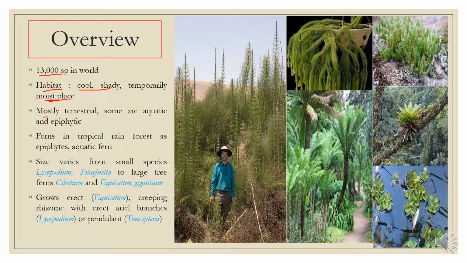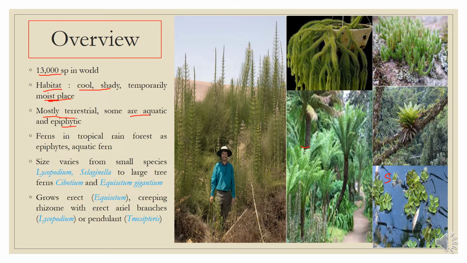they are mostly terrestrial, but however some aquatic species are also found. Some species are found growing epiphytically on other trees. So here we see that these are the terrestrial ferns, and this is the epiphytic fern that is growing on another tree branch, and this is Salvinia, which is an aquatic pteridophyte.